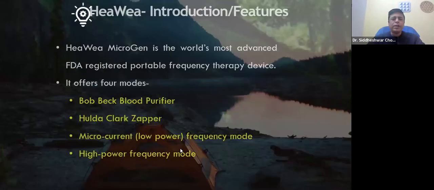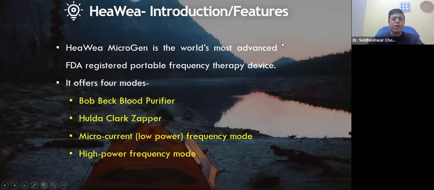So introduction and features of HeaWea. So HeaWea MicroGen is the world's most advanced FDA-registered portable frequency therapy device. It offers 4 modes of operation, and these are very simple modes. Okay, it's like more or less click of a button.